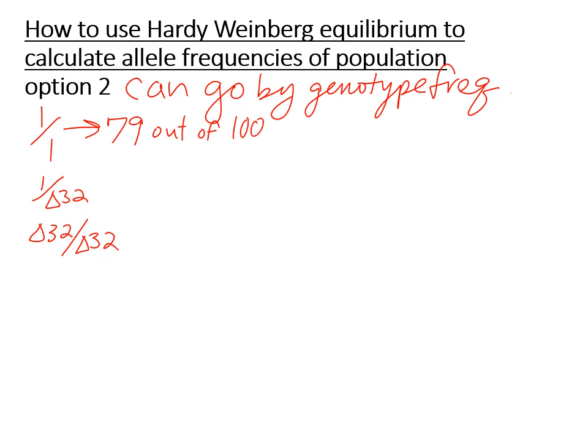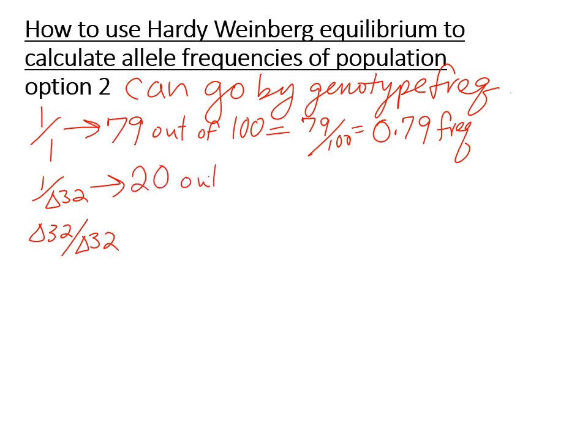Well, mathematically, what frequency is that? 79 out of 100 means 79 divided by 100, right? 79 divided by 100, which is equal to 0.79 frequency. The second genotype we said was 20 people out of 100 had that one.